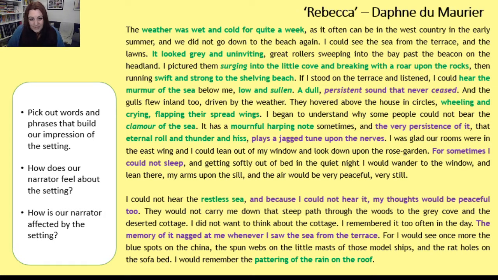If we look down here, the memory of it nagged at me whenever I saw the sea from the terrace. Okay, so this word, isn't it? Nagged. So what do we infer from this? Clearly we don't know what the memory is, or why the sea is a bad memory, but we know that the memory of the sea, even when the narrator's thinking about the sea, it's nagging.